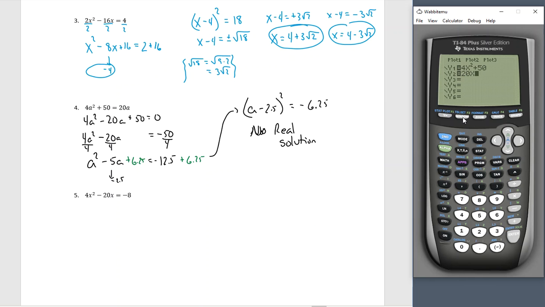If I were to just graph this with a regular window, I'm guessing I wouldn't see very much. There's one of them at least. Let's see. We probably just need to zoom out a bit. It's going to be more than a bit, but we'll need to zoom out.